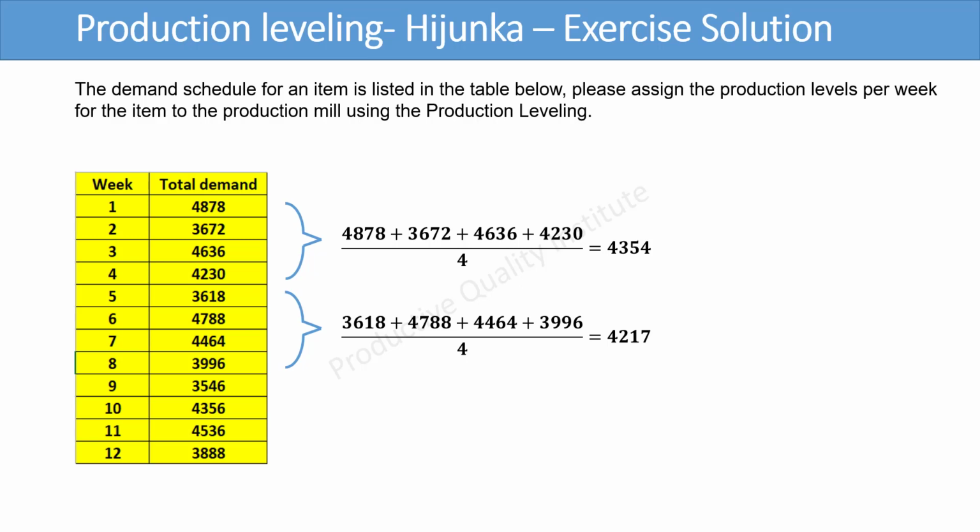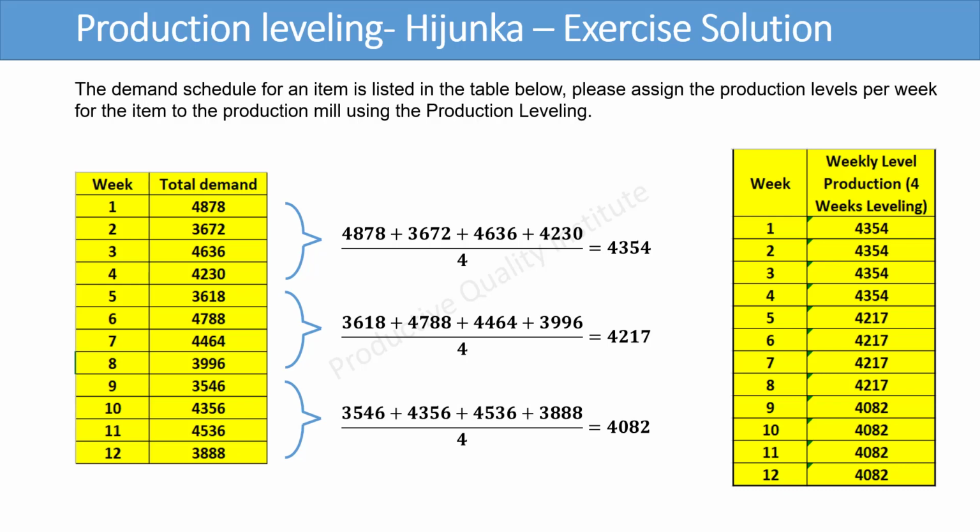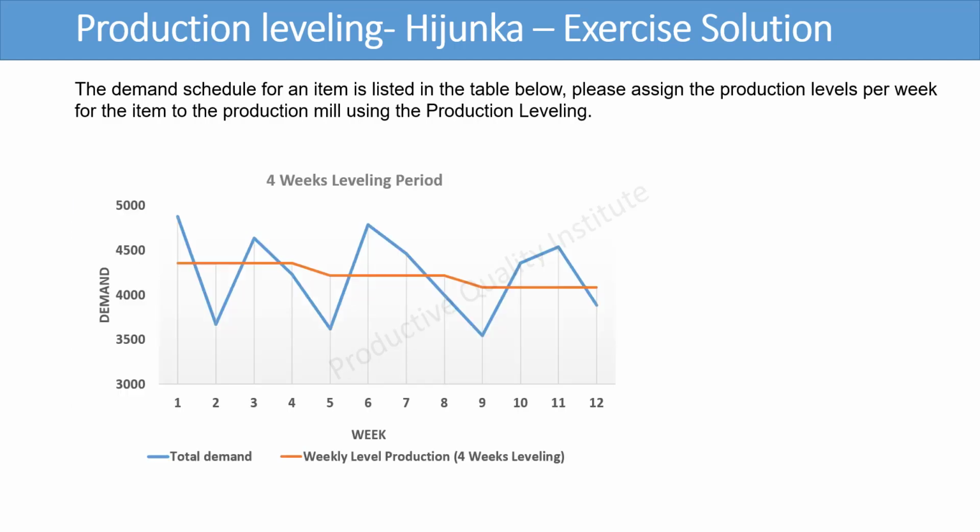And by doing the same for the last 4 weeks, the weekly level production will be 4,082. The graph illustrates the relationship between the demand and the weekly level production for the 12 weeks after production leveling.